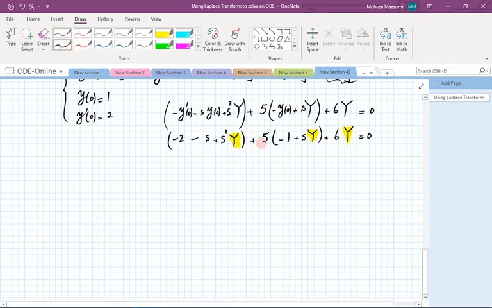This is very simple. I factor the Y. Notice here I get s squared, 5 times s, and the factor 6. How about the rest of the stuff? I have minus 2 minus s minus 5 left. Now we clean a bit more.